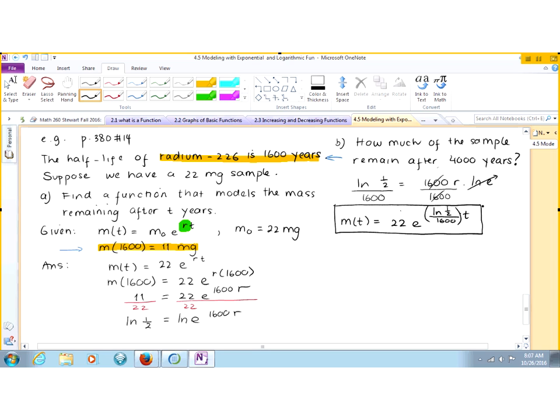Now, there is a shortcut formula to get r if you have the half-life. I'm going to write the formula. ln half divided by the half-life is equal to r.